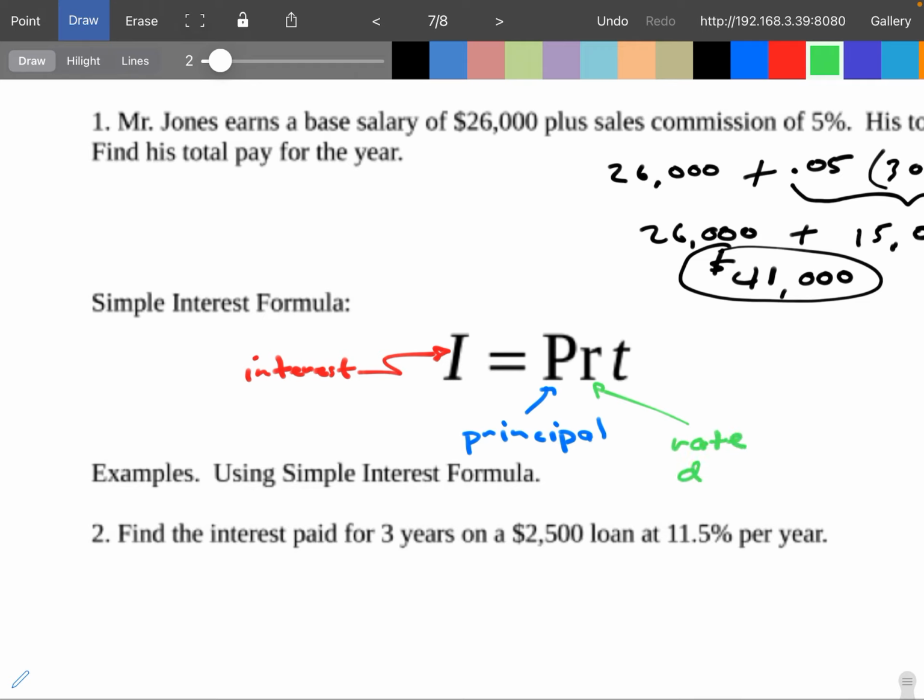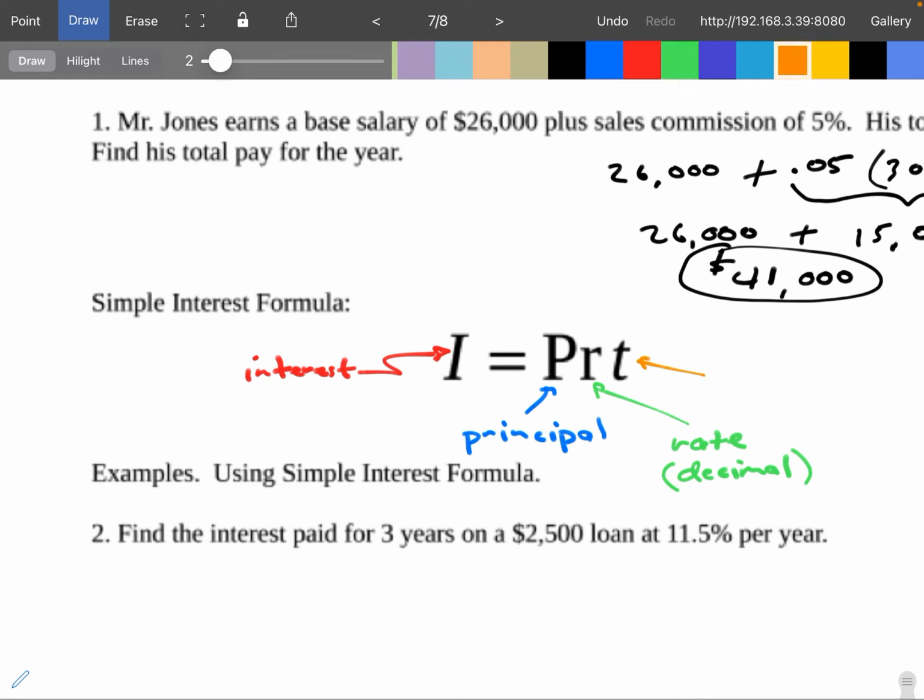And then the R is the rate, but again, we want it as a decimal. And then the T is the time, but that's got to be in years.